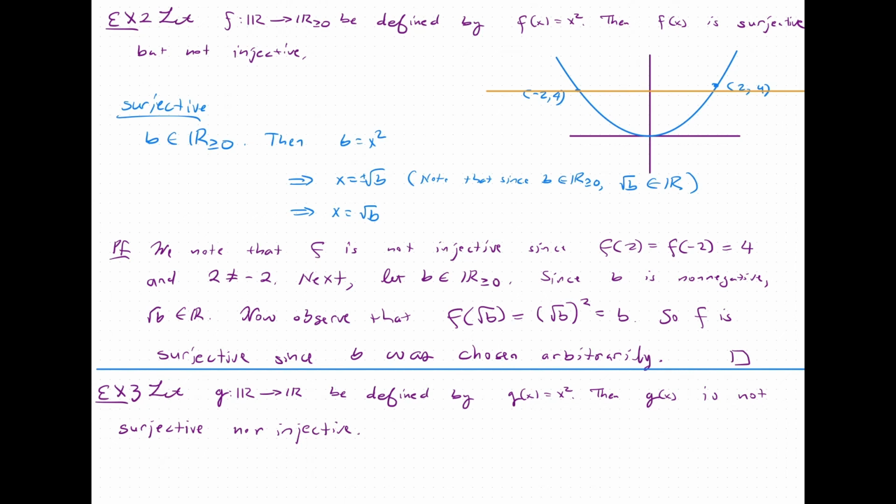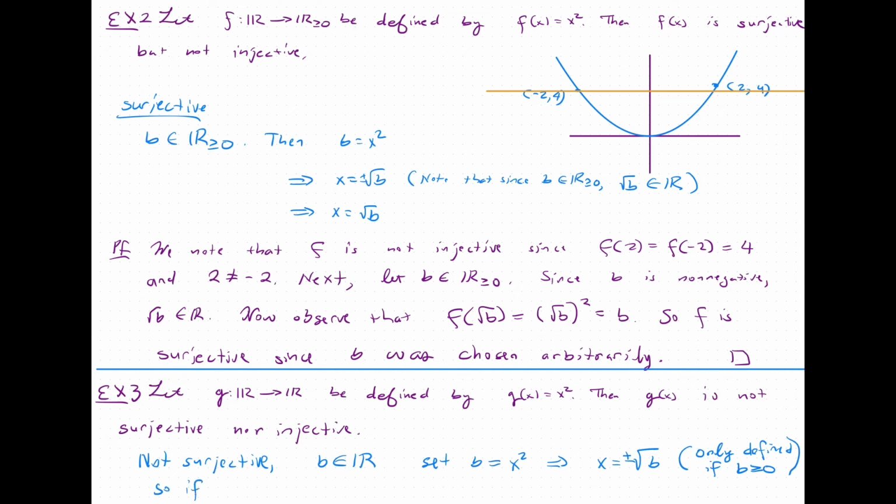But for surjective, now we have to take any real number b. If we do the same argument we did here, we set b equal to x squared, take the square root, and x is equal to plus or minus the square root of b, only defined if b is non-negative.